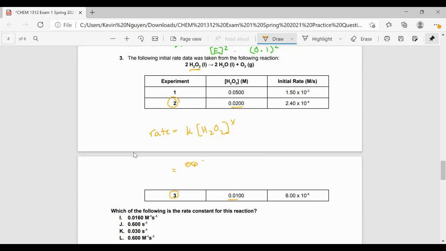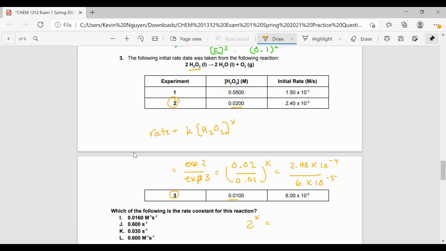let's do experiment 2 all over experiment 3. So we'll say 0.02 all over 0.01 to the x power, and then we're going to say 2.4 times 10 to the negative 4 all over 6 times 10 to the negative 5. So we should get 2 to the x here should equal what number?